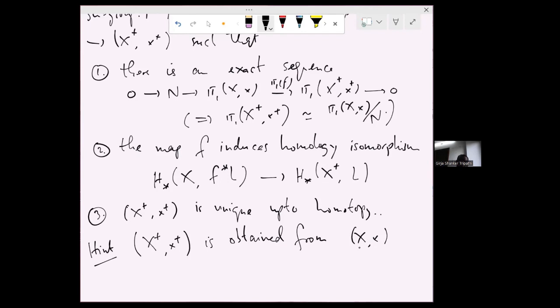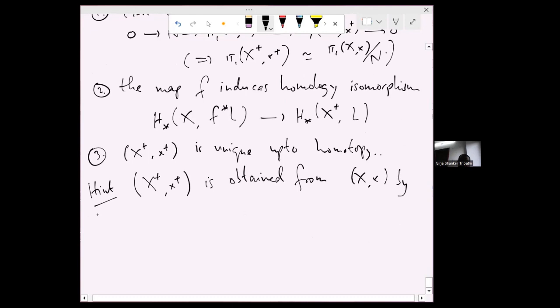So we obtain X plus by attaching two cells corresponding to generators, two cells to kill all the generators, all the elements in here. So we obtain it from this by attaching two cells to kill the subgroup.